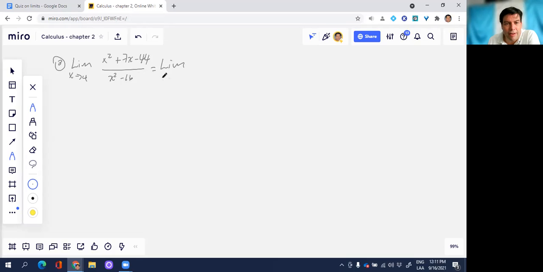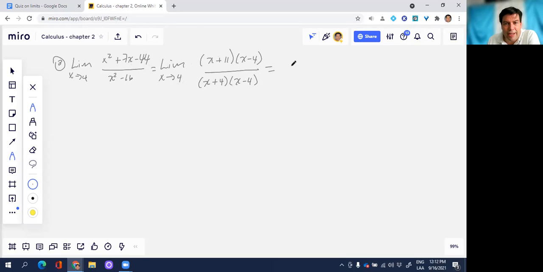This is the limit as x approaches 4 of x... Two numbers whose product is -44 and sum is 7. That would be plus 11 times x minus 4, divided by, this is a difference of squares, so that's x plus 4 times x minus 4.